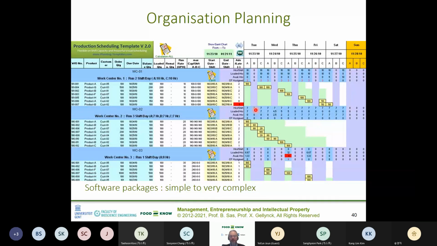So sometimes you have very complex software packages, and this really helps. If you have a small operation, it's not an issue, but if you have large operations with multiple lines, with multiple buildings, then of course it needs to be centrally very well organized, and then it requires these software packages to help out.